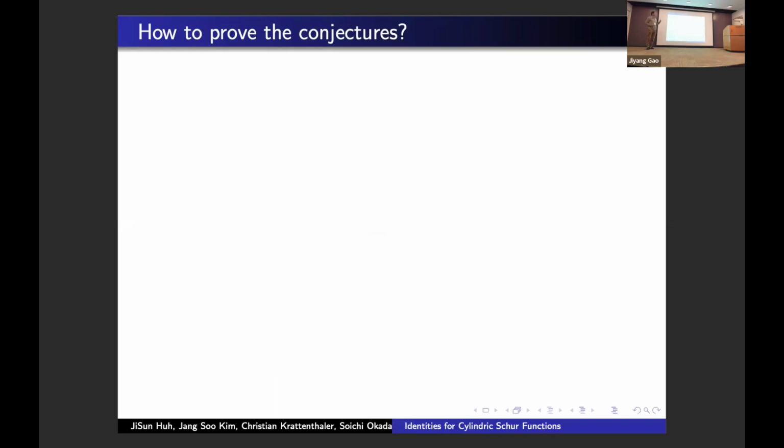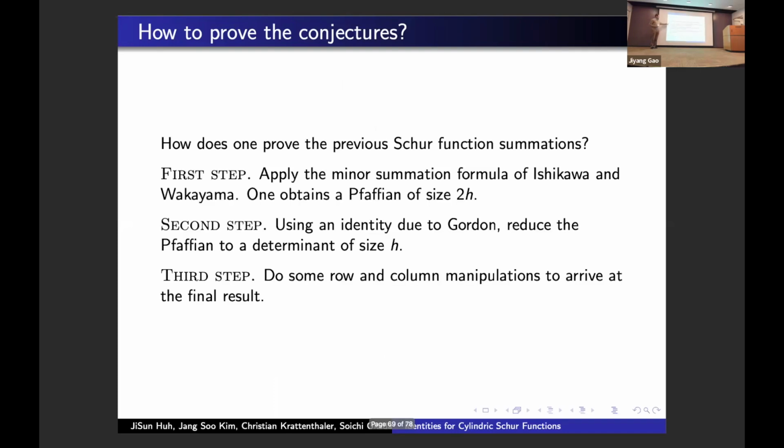And this now gives a hint how to prove these conjectures. Namely, how does one prove the Schur function summation? Well, in the first step, you apply the minor summation formula of Ishikawa and Wakayama, because it turns out that this formula is applicable to this sum of Schur functions.